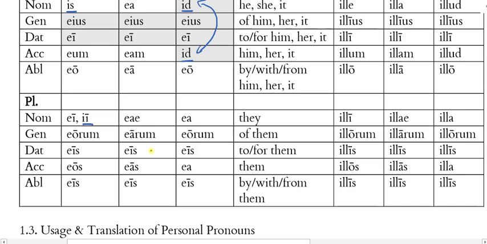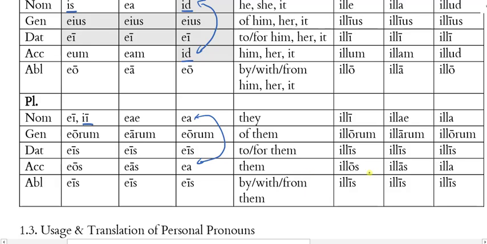Eis, eis, eis, so to or for them. Remember with illis, we had the same long i there. Eos, eas, ea, so them. Again, notice the neuters are identical in nominative and accusative. And then ablative, eis, eis, eis, by, with, or from them.